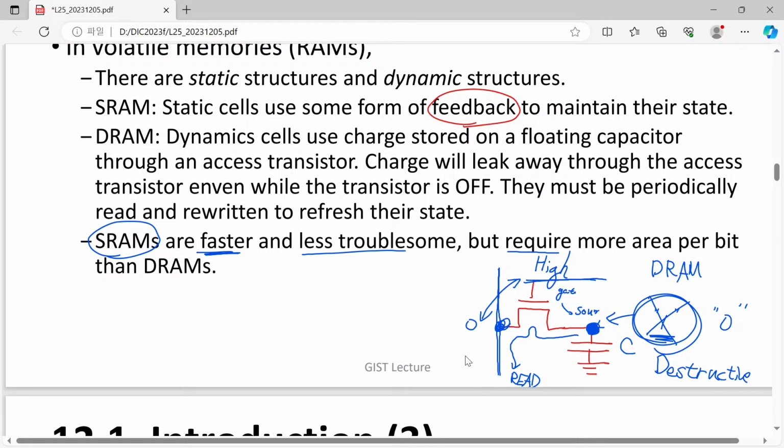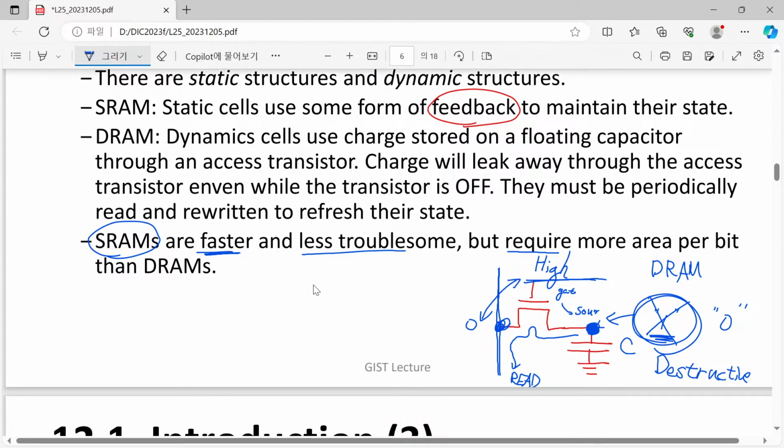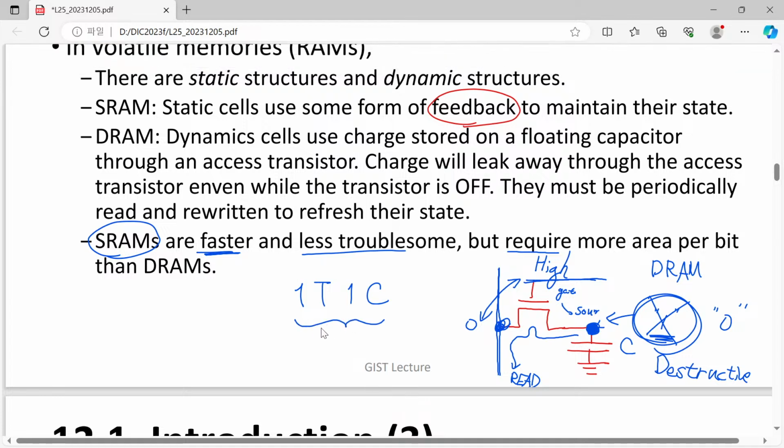So you know that DRAM is actually the ultimate form of memory cell. It has only one transistor and only one capacitor. This is the ultimate goal of our device.